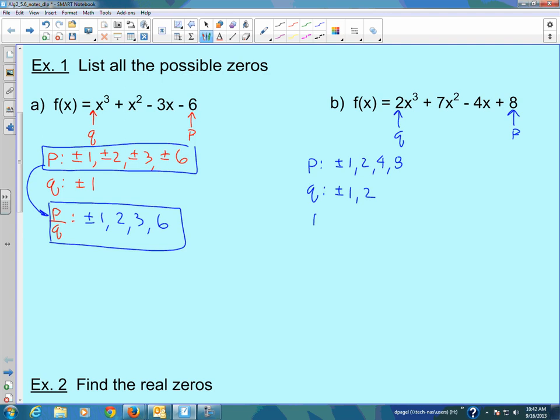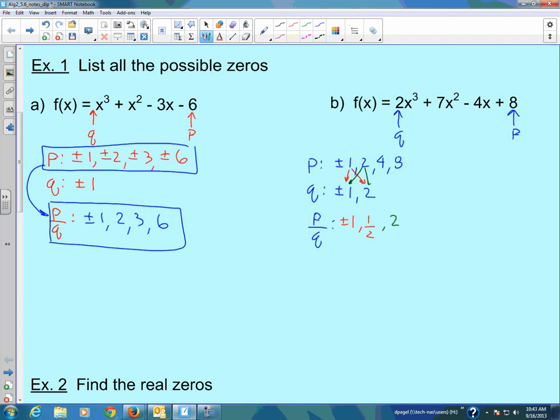So now, with my p over q, I'm going to take each p value divided by each q value. So 1 over 1, 1 over 2. And then we would do that with each of the other p's. So 2 over 1, 2. 2 over 2, which is just 1, so I don't need to repeat it.